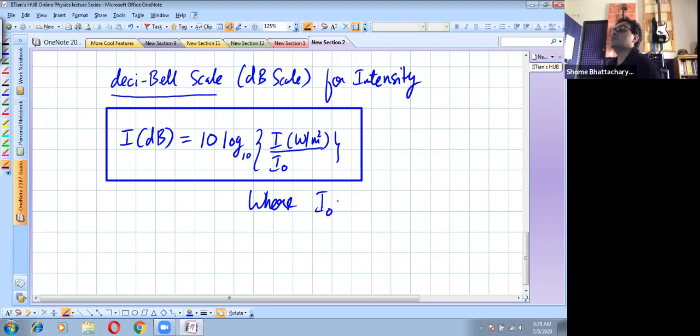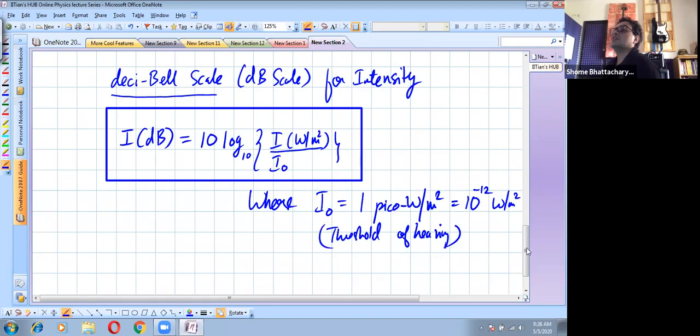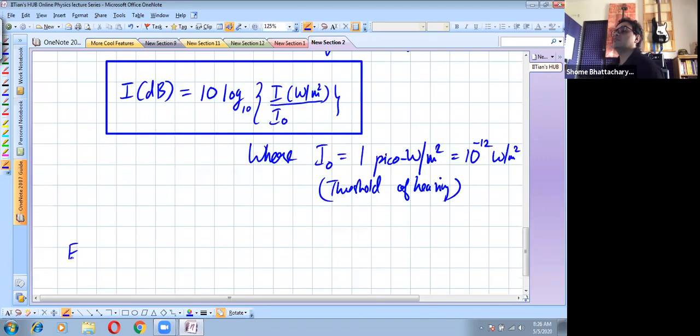Where of course I naught is 1 picowatt per meter square, that is the threshold of hearing. So for example, if the intensity in watts per meter square is, let us say, 3 into 10 raised power minus 8, we want to convert this to decibels.